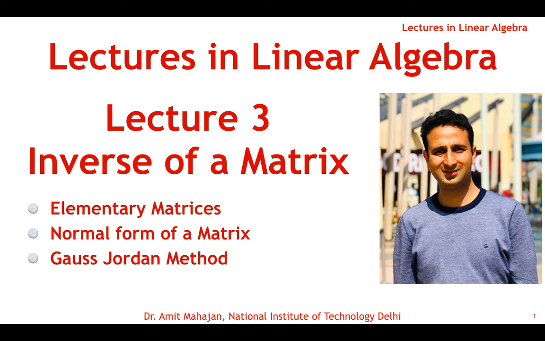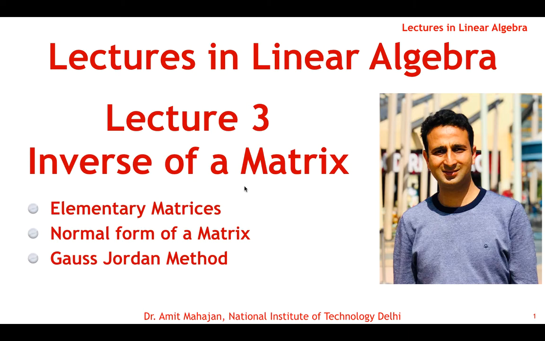This is the third lecture of the series, and today we are going to talk about the inverse of a matrix, and in particular we are going to talk about two methods, the normal form of a matrix and the Gauss Jordan method. I'm assuming that you already know what the inverse of a matrix is, and how to calculate the inverse of a square matrix using minors and cofactors.